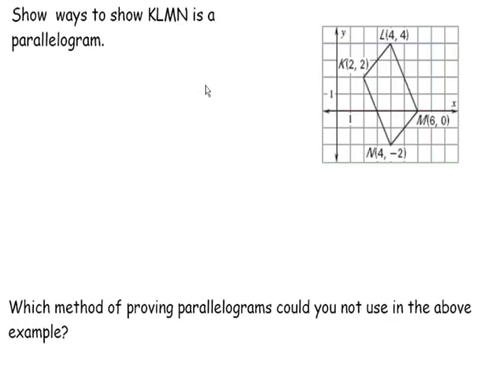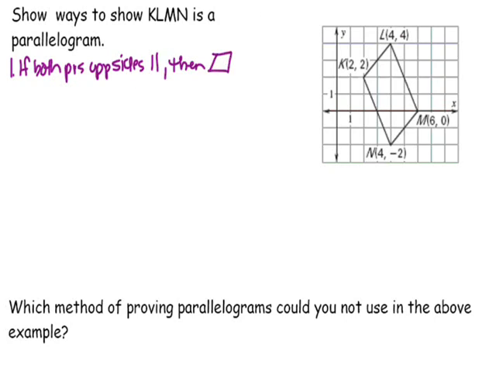Okay, let's talk about coordinate proofs that something is a parallelogram. So we've got this parallelogram on a coordinate plane, and we need to figure out the ways we can show it's a parallelogram. So the easiest way, I think, is, if both pairs of opposite sides are parallel, then parallelogram.